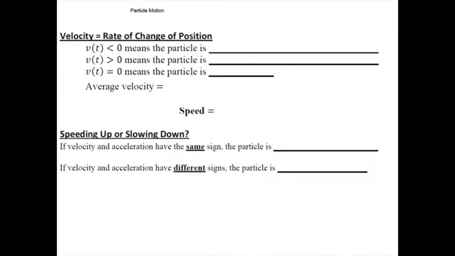When the velocity is less than 0, the particle is moving left or down. When the velocity is greater than 0, the particle is moving right or up. And when the velocity is equal to 0, that means the particle is at rest, it's not moving.